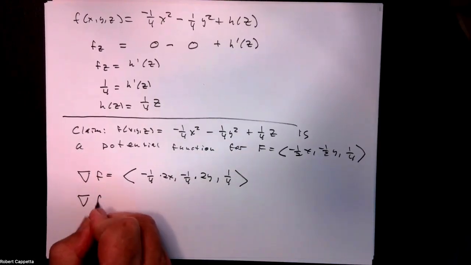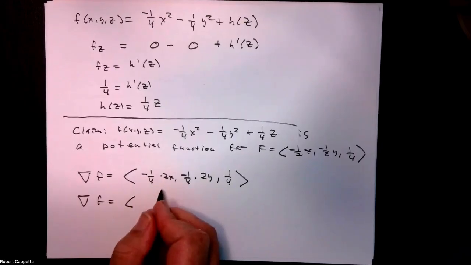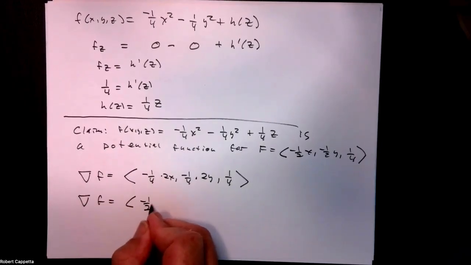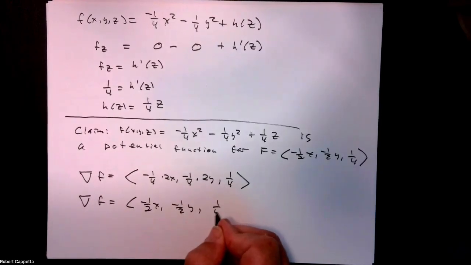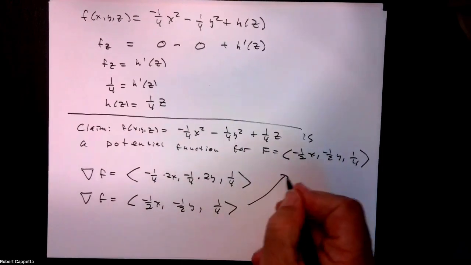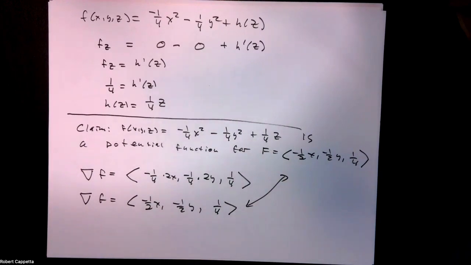So the gradient of f is negative 2/4, negative 1/2 x, negative 1/2 y, 1/4, check. Indeed, that matches. So little f is the potential function. We knew we'd be able to find one because it was irrotational. The curl was 0. It's a conservative vector field. It will have a potential function.